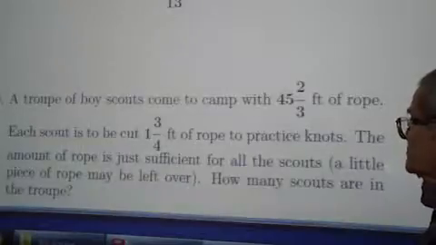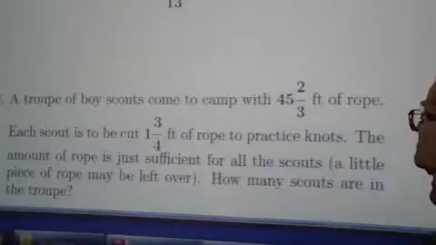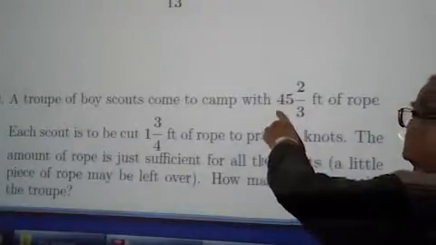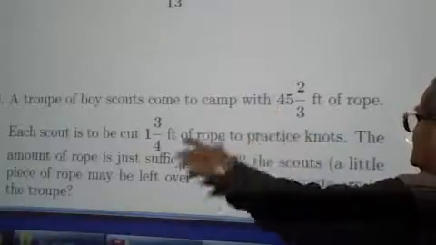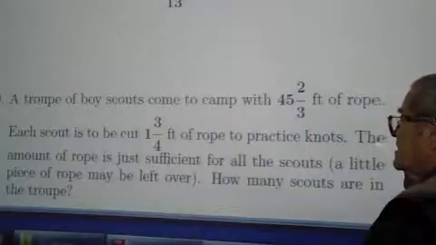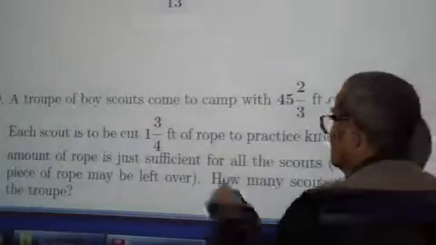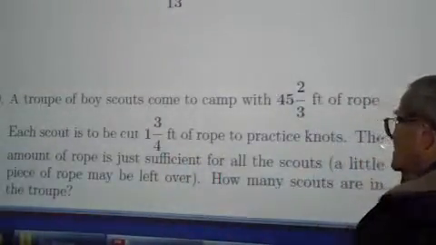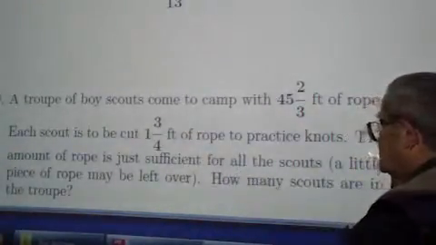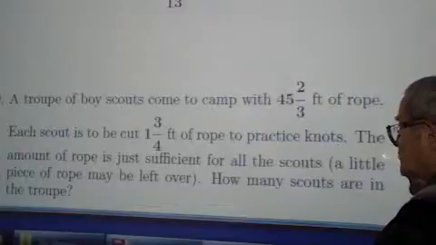And then we had the rope problem. You go to camp with a long rope, 45 2/3 feet, and you need to cut it into 1 3/4 feet, because each scout is going to get that part of the rope.